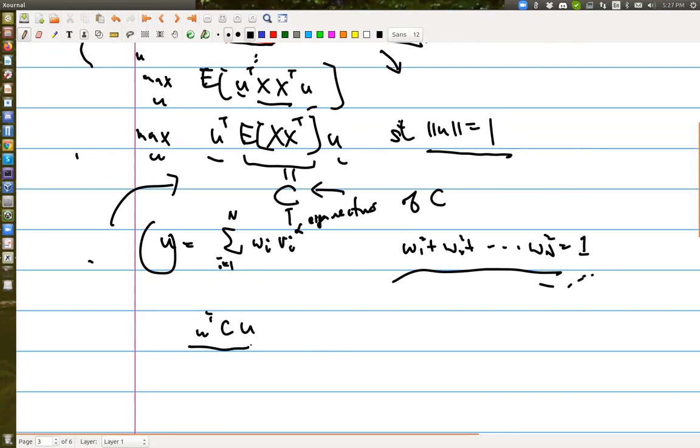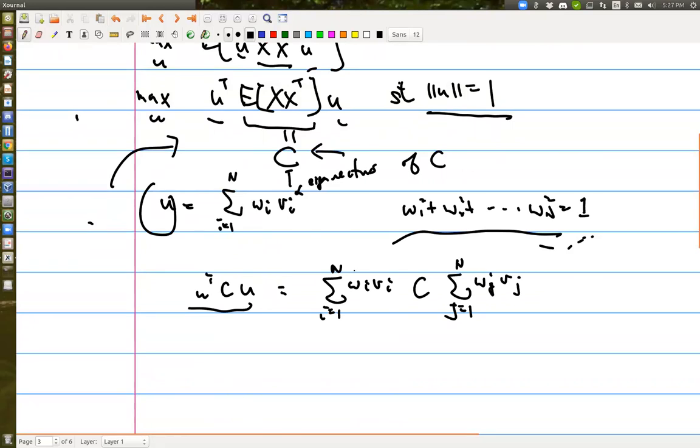This term is equal to the sum over i equal to 1 to n of Wi Vi, transposed, times C, times the sum over j equal to 1 to n of Wj Vj. And then the Vj are each eigenvectors of C, right? So therefore this becomes the sum over j equal to 1 to n of Wj lambda j Vj.